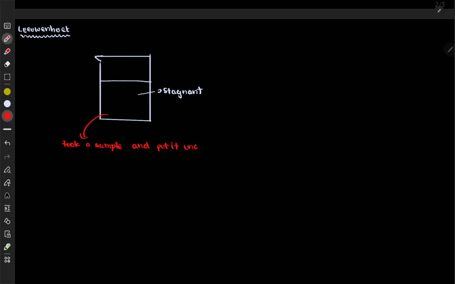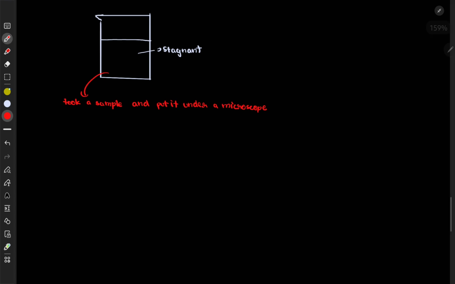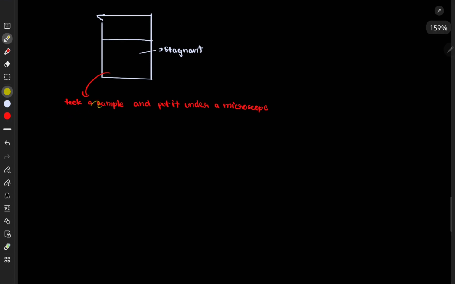What he observed was that he saw bacteria, and he conducted several other experiments.